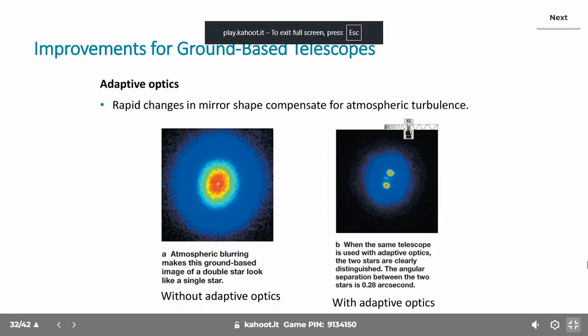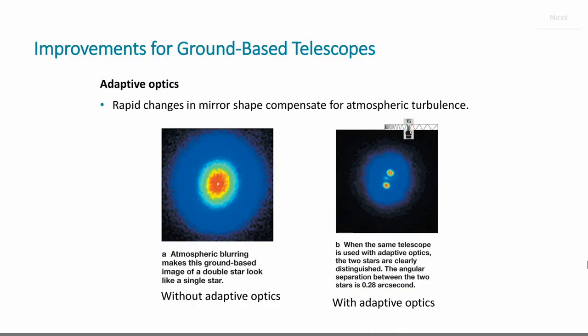There are some techniques that we can use on the ground to overcome the turbulent atmosphere. So that technique is called adaptive optics. On the left you can see what you would see without adaptive optics through a telescope, and then with adaptive optics, this blob is actually two stars that are orbiting each other.